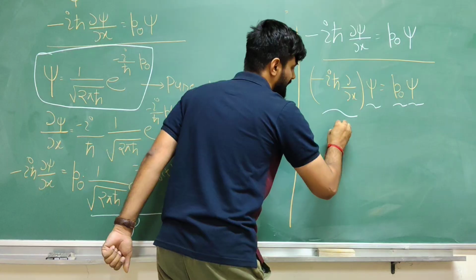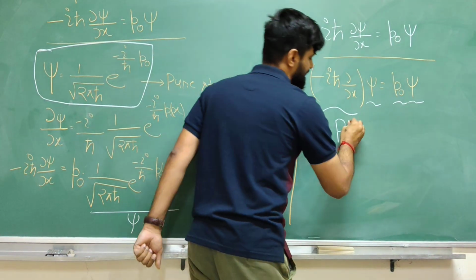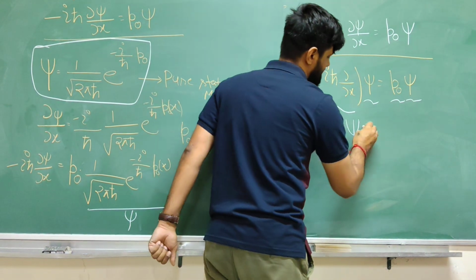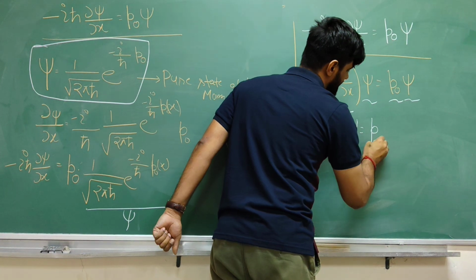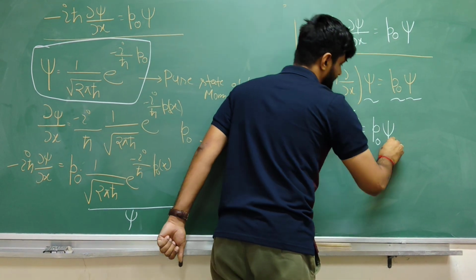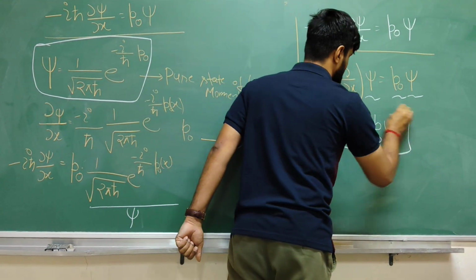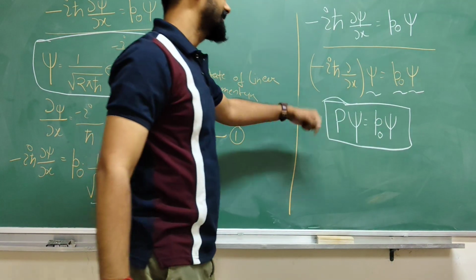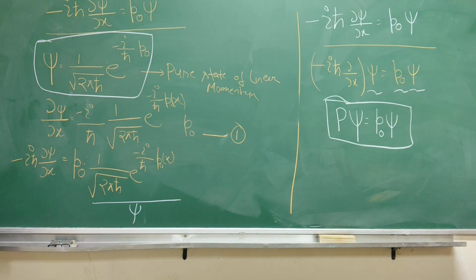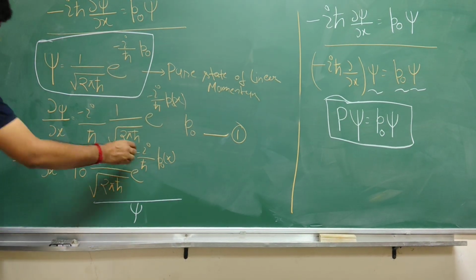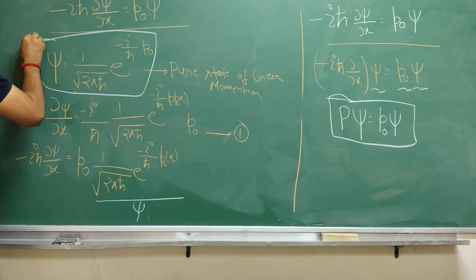This operator is called the linear momentum operator, which operates on a wave function psi and gives you a value of p naught. So this is how you can calculate the linear momentum from the wave function.